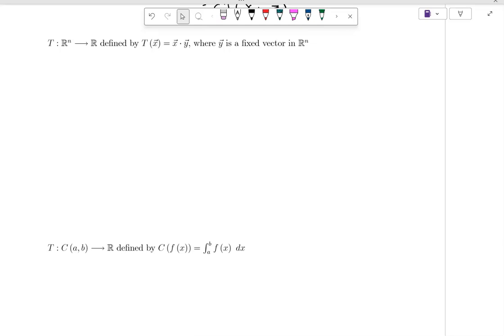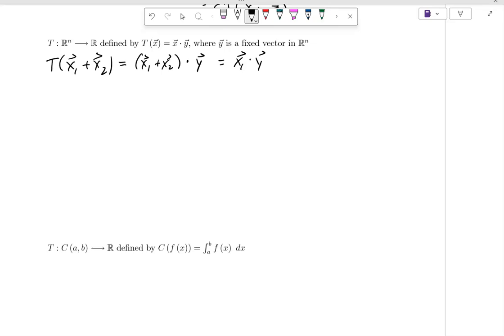This one's a little bit easier to do, because if I start with T of x1 plus x2, what does the transformation say to do? What am I going to do with the x1 plus x2? I'm going to dot it with y, right? What do we know about inner products with respect to sums? Yeah, they break up over addition.